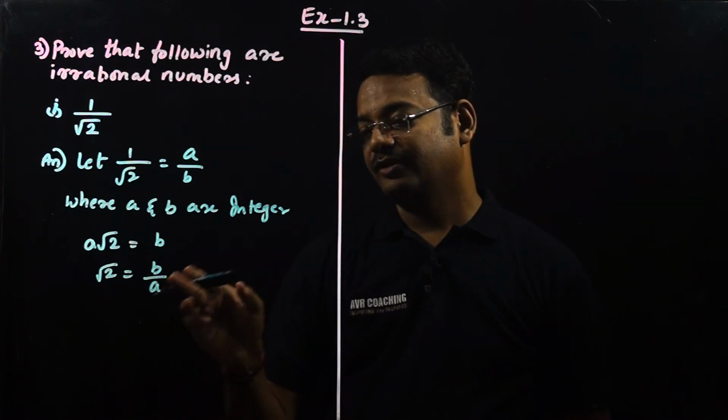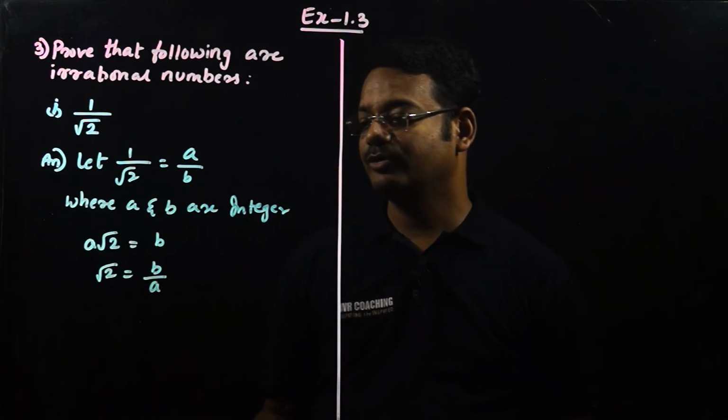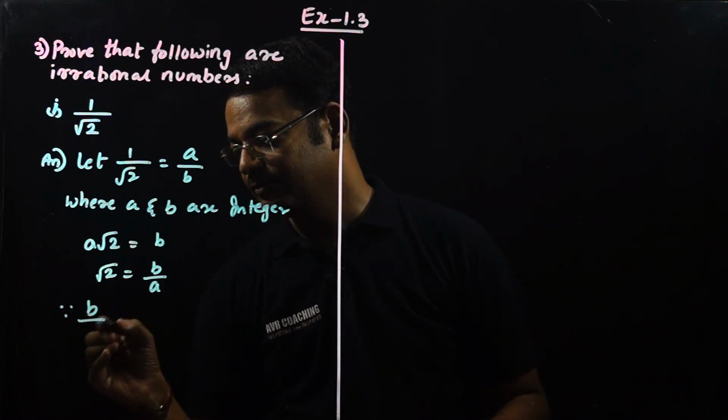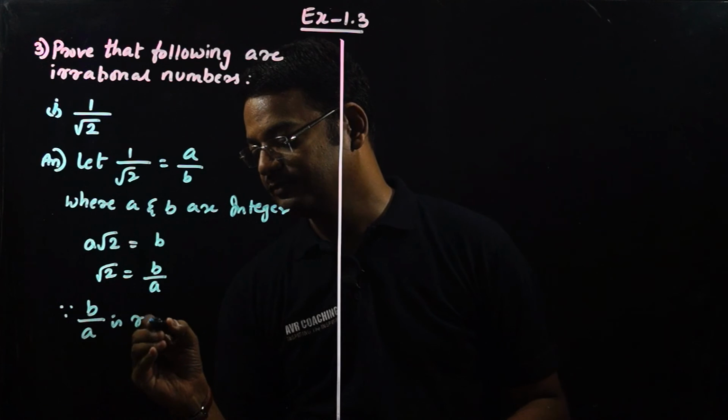Now b by a is also a rational number because we are able to express it in p by q form.